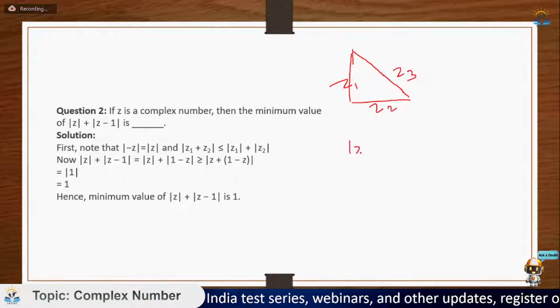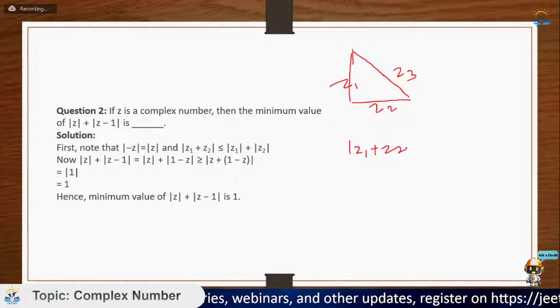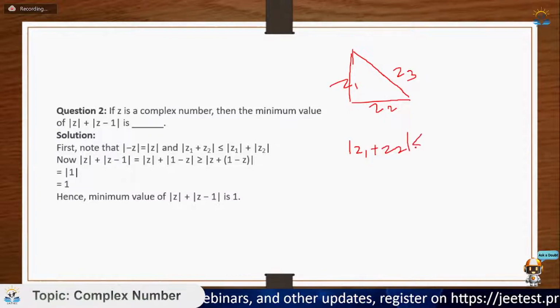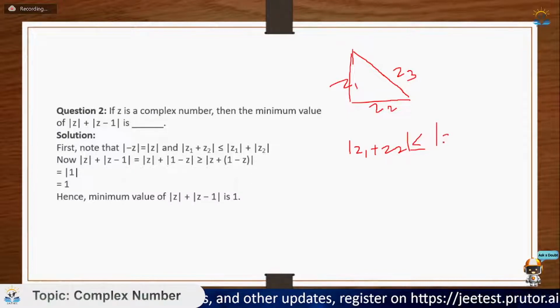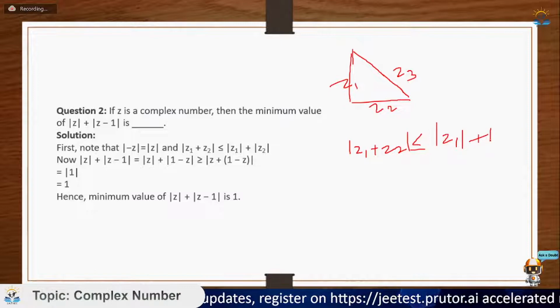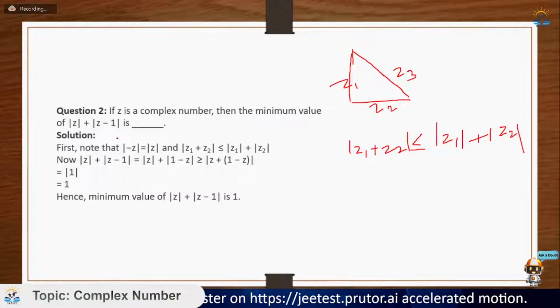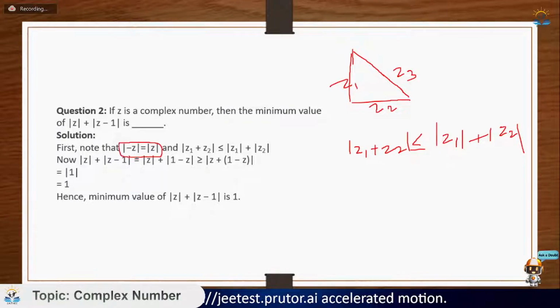Then mod of z1 plus z2 would always be less than or equal to mod z1 plus mod z2. That property will be used here. Mod of minus z is equal to mod z, because mod only gives you the magnitude, and this is your triangle inequality.